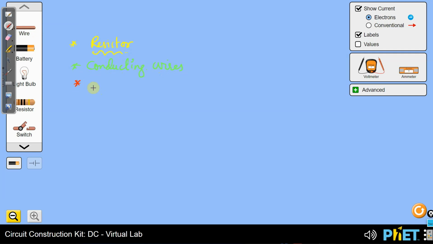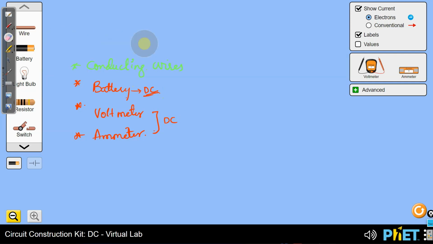We need a battery that is going to act as a source to our circuit, and we need a voltmeter to measure the voltage. We need the ammeter to measure the current, right? Remember, these instruments we are using are for DC supply because the battery provides you a DC source, DC electrical energy. Okay, let's get into the circuit and make the circuit now.